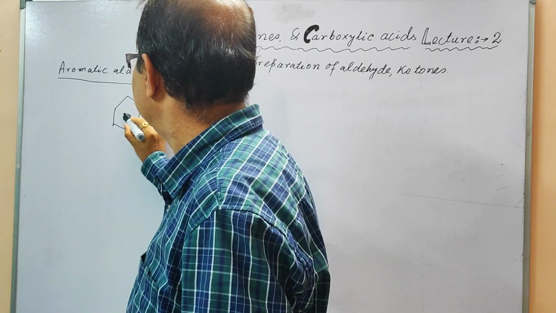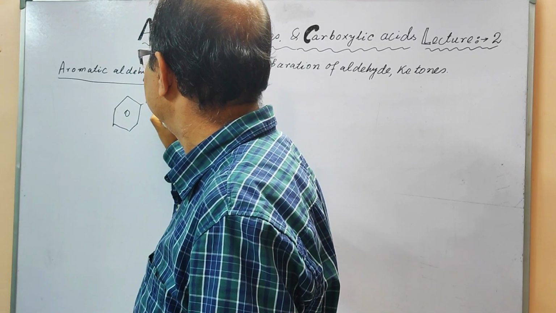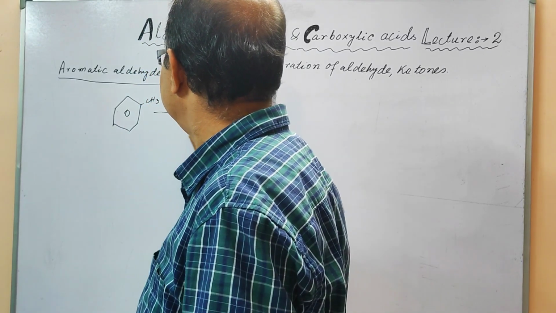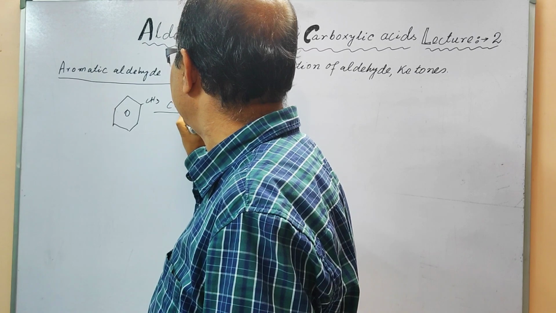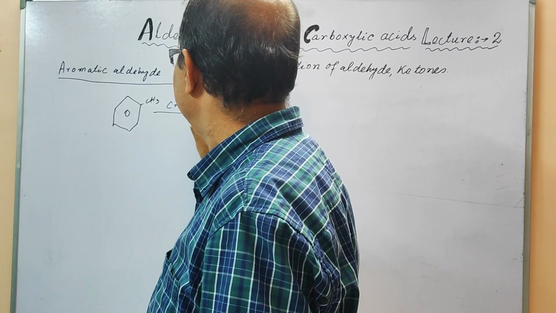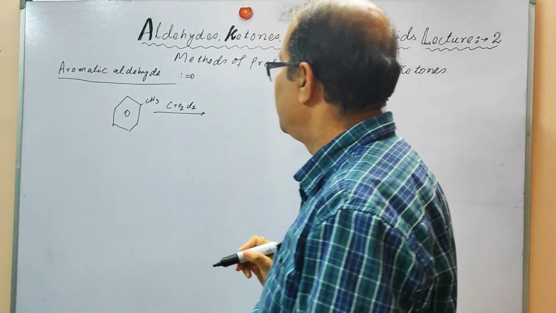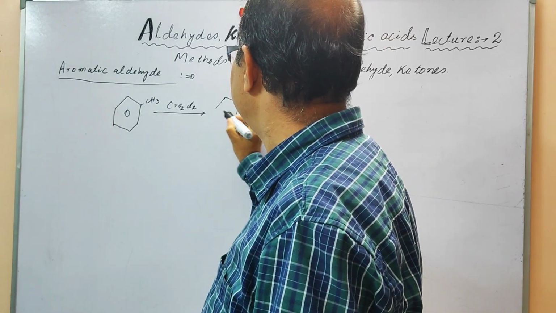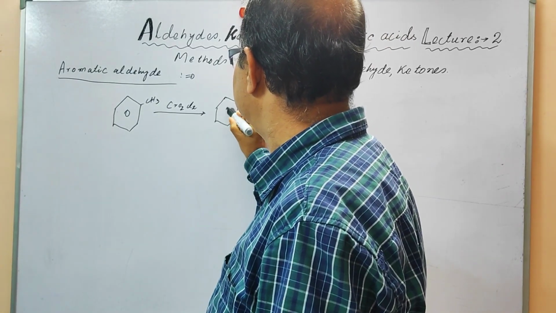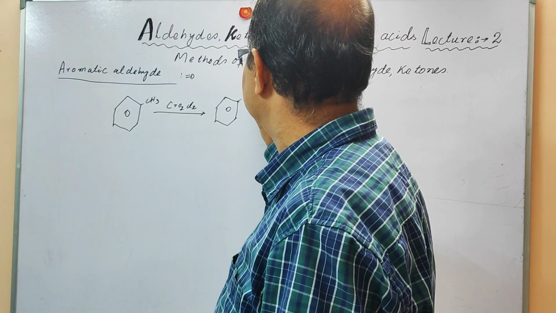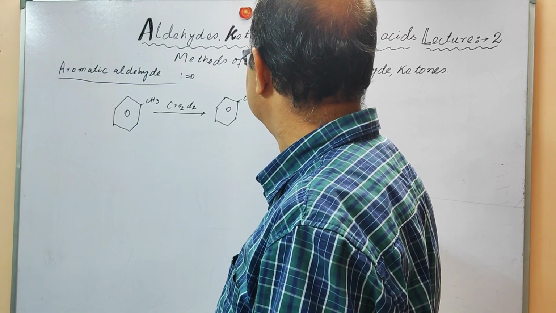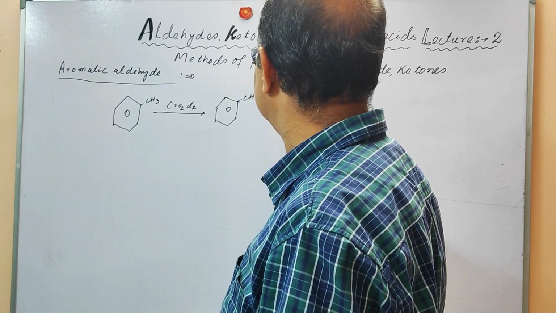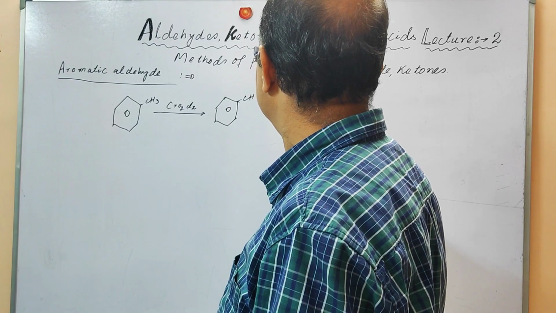In the presence of chromyl chloride, it is going to produce a chromium complex, C6H5CH(OCrOHCl2).